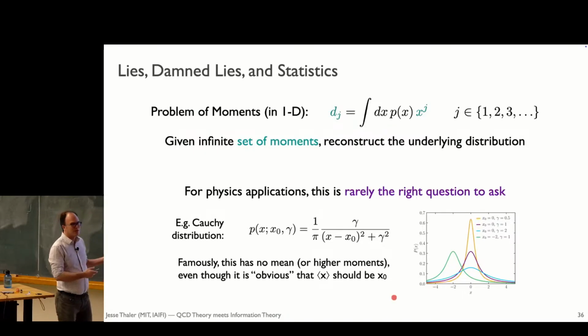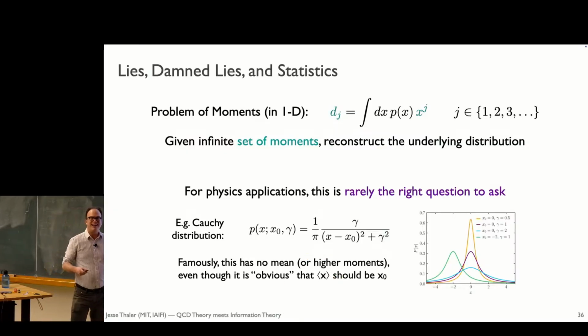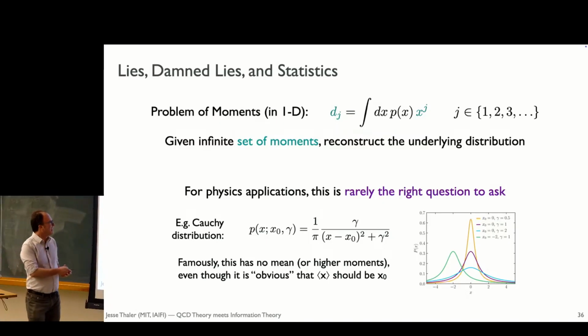These moments are unconstrained. Of course, there are strategies of analytic continuation to make them well-defined. So it's obvious in some sense that the average value of x should be x0, but if you actually follow the procedures mathematically for defining the moments of this distribution, they don't work. And so this is telling you that standard moments are not always the right solution to your problem.